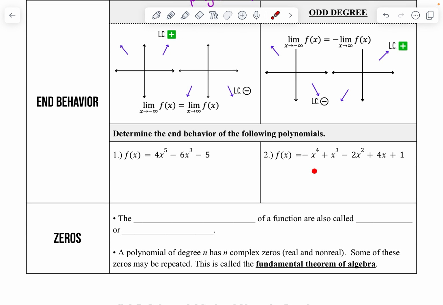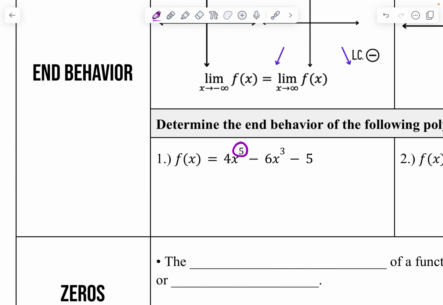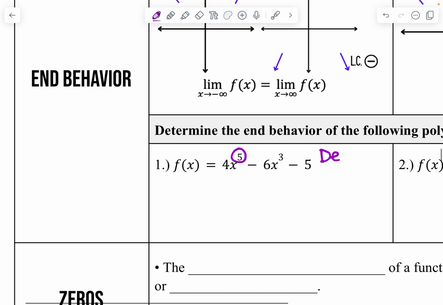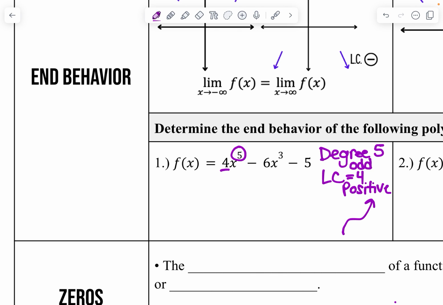All right, so if we look at our first example here, the degree is 5, which is an odd number. The leading coefficient is 4, which is positive. So odd positive looks something like this.